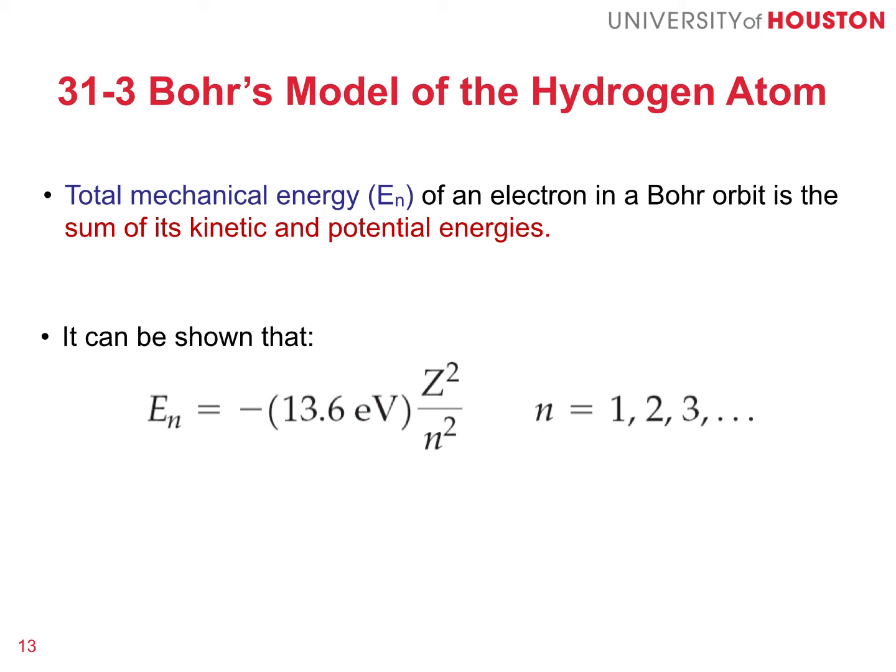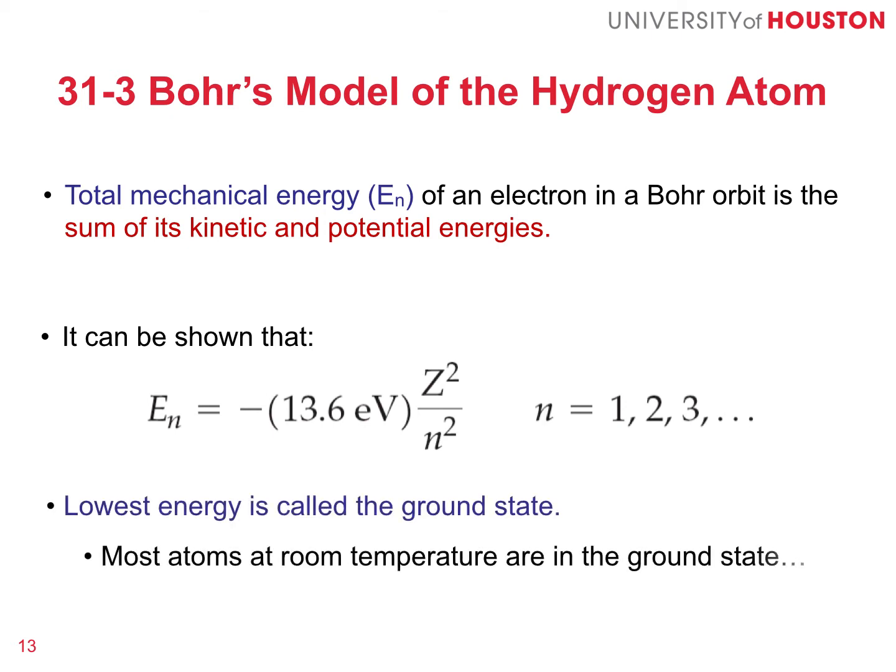We refer to it as a quantum number sometimes, and that can obviously be 1, 2, 3, 4, 5, etc. The lowest energy corresponds to the ground state, and that corresponds to n equals 1, and for most atoms the electron at room temperature lives in the ground state.